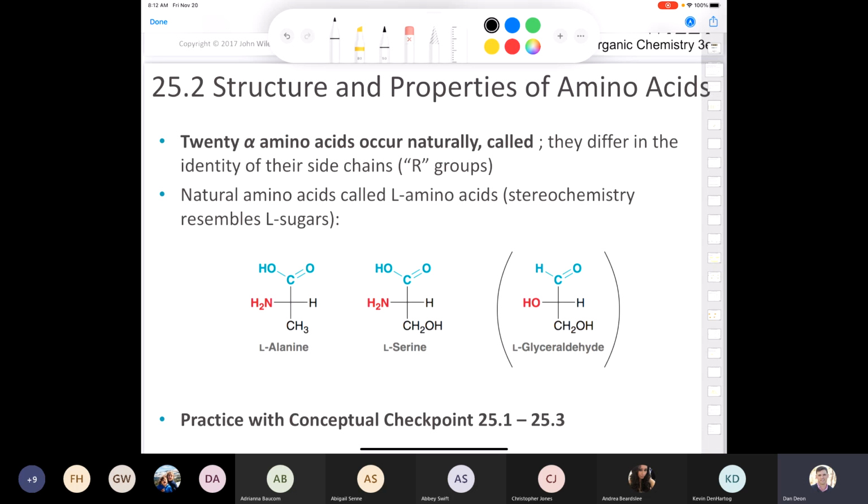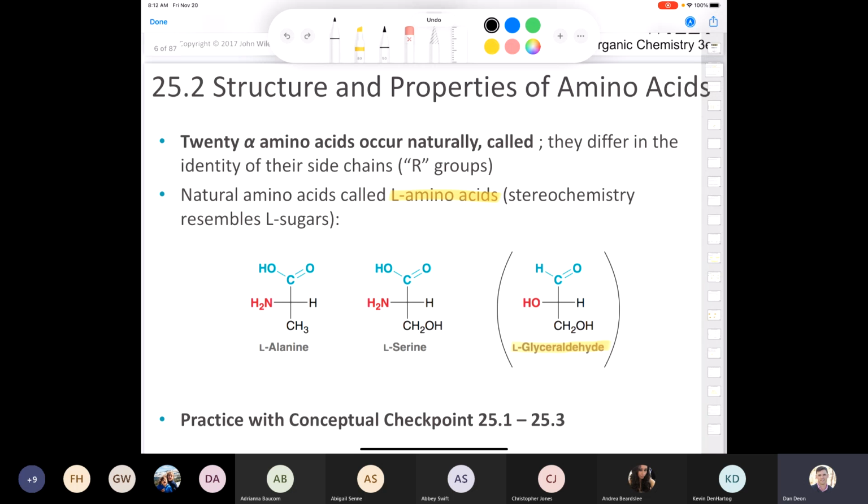If you go back to the carbohydrates chapter, we saw that naturally occurring sugars were D sugars, like, for example, D-glucose or D-fructose. But natural amino acids are the opposite. They're L amino acids. If you look at the Fischer projection of L-glyceraldehyde, you see that the hydroxyl at the chiral carbon, or the chiral carbon that's furthest away from the most oxidized end, but there's only one chiral carbon anyhow.